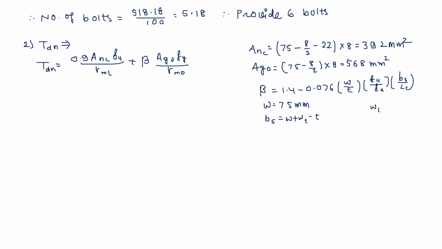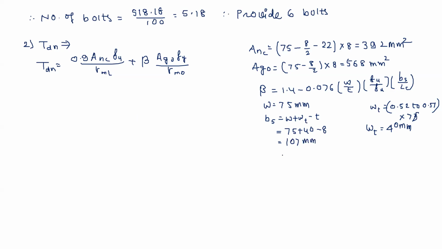Now wt we know is between 2.5 and 2.57 into 75, so we get wt as 40 millimeters. It comes in between, so I have taken wt as 40. So we have w 75 plus 40 minus 8, and the value of bs is 107 millimeters.